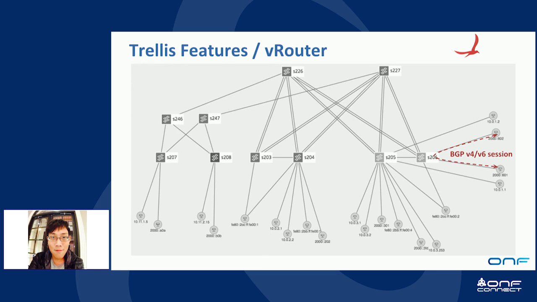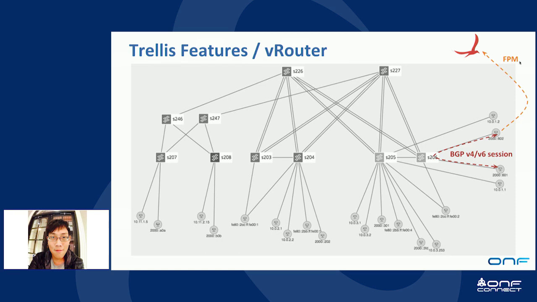But these days, most of the requirements coming in say we want to use BGP, so most of our development and testing efforts are done with BGP v4 and v6. Anyway, Quagga will learn the route from the upstream router. And then what Quagga is going to do next is push the routes to ONF through FPM.